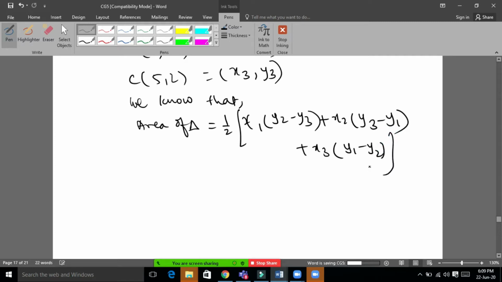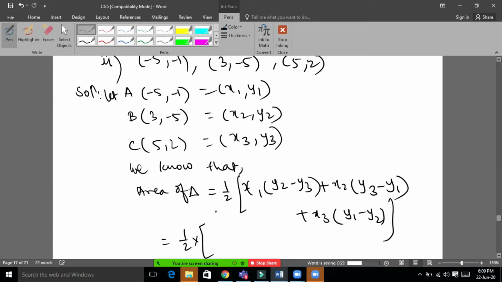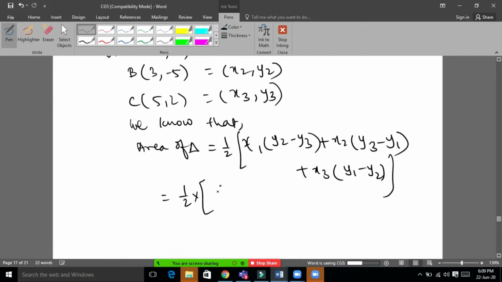Now we substitute the values of x1, x2, x3 and y1, y2, y3. So it is equal to half into, x1 is -5, so write down inside the bracket -5 into (y2 minus y3), y2 is -5 minus y3 is 2. Plus x2 is 3 into (y3 is 2 minus y1), now what is the value of y1? y1 is -1, so it becomes plus 1.